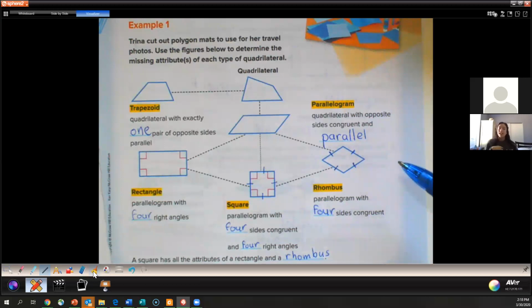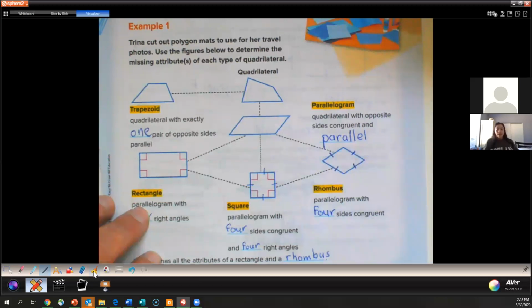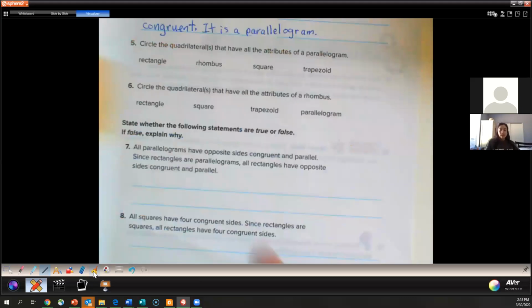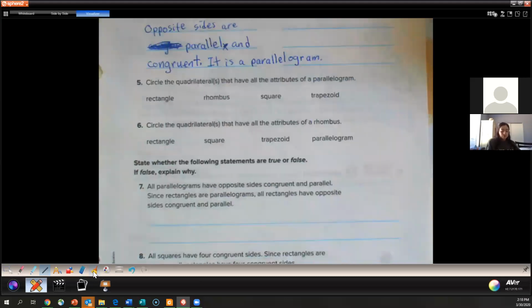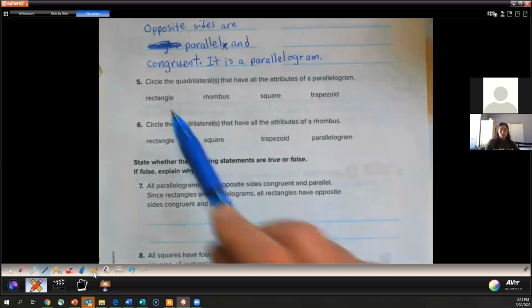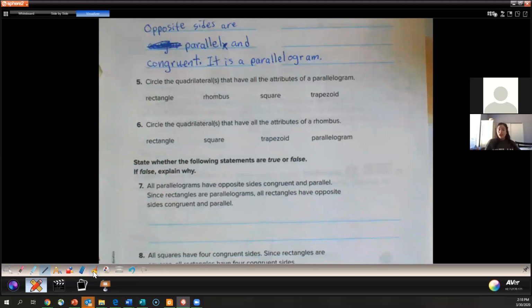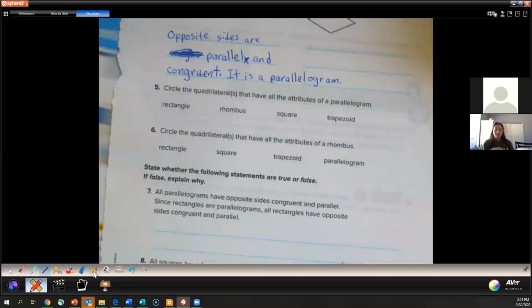So let's go back to our other page that has our number 5 on it, and take a look at these other shapes. Our first shape is a rectangle. Mr. Yates, if you don't mind, can you bring back that chart just so we can see what the attributes of a rectangle are? Just so we can show the kids how.